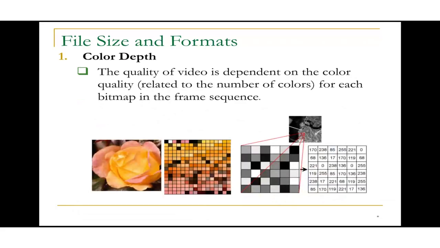How many bits is this device using to represent the color? Of course, for each pixel, because the pixels are the ones which make the image. So for each pixel, how many bits are we using? The more bits, the more colors we can display. And that is a concept.